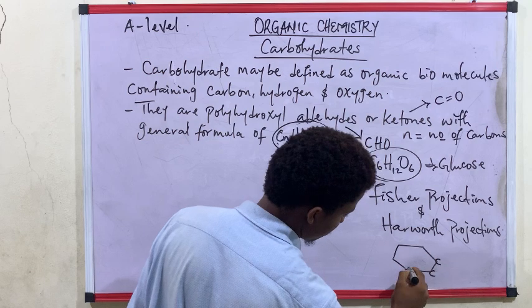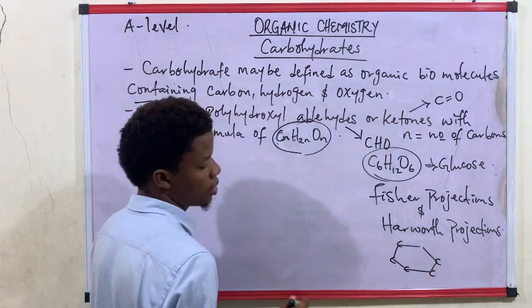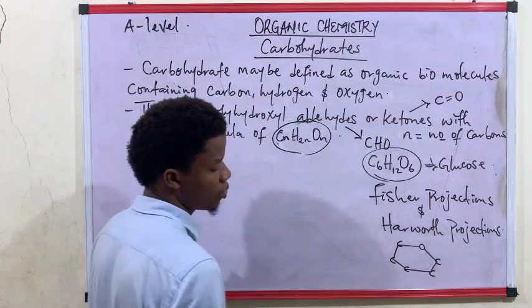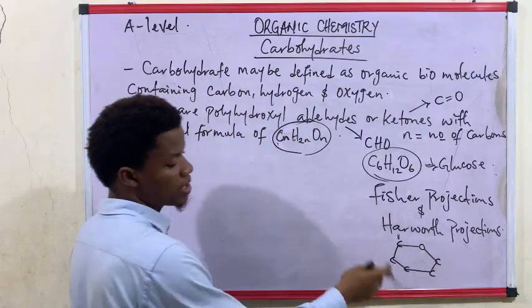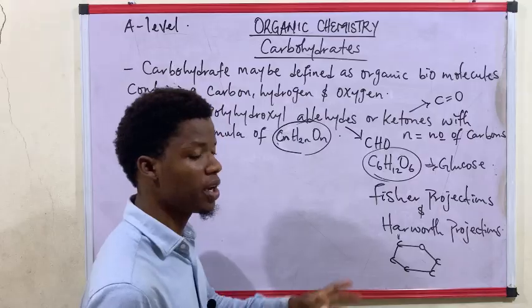Carbon here, carbon here, carbon here, carbon here, carbon here, so probably there's oxygen here. So 1, 2, 3, 4, 5. Then another carbon here. This way of drawing it is called the Haworth projection.